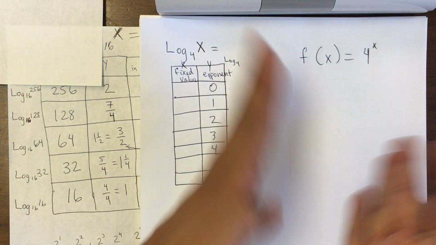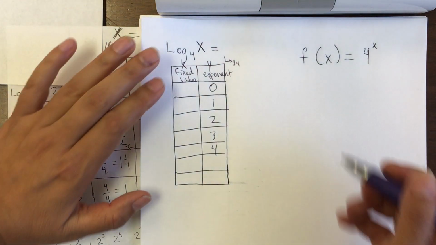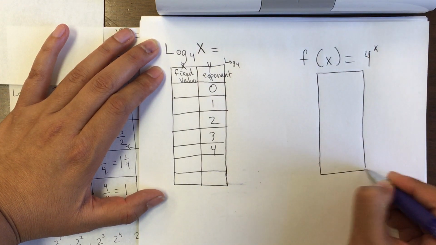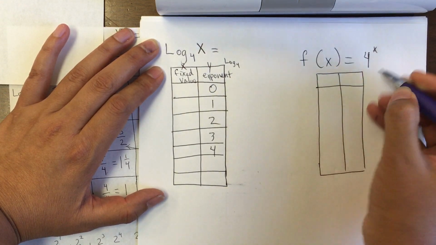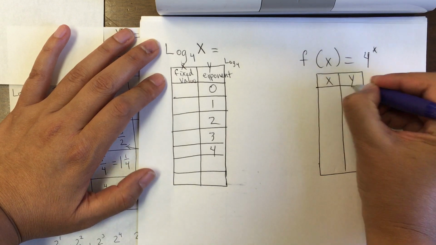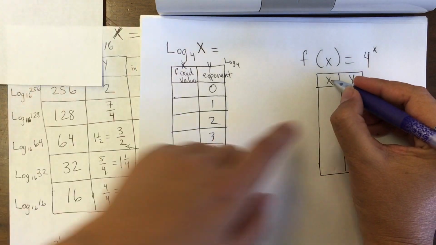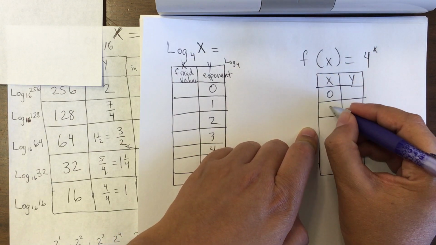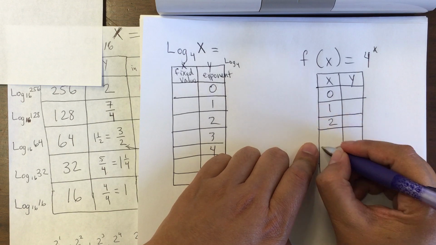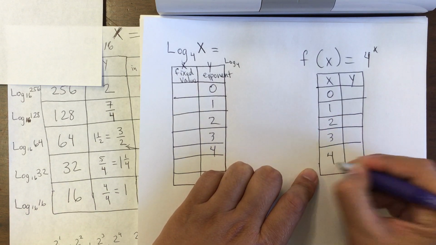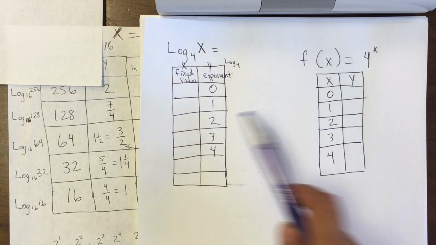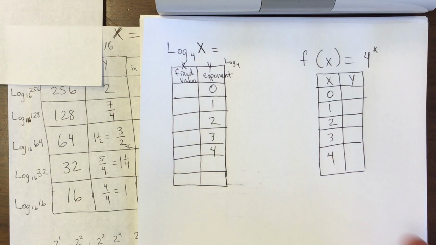Okay, so they're inverses of each other basically. And so this is x and this is y. So basically in here it is the opposite. My x is the power. So power of 0, power of 1, power of 2, power of 3, and power of 4. I'm just going to go up to 4. So these are going to be exactly the same, but basically they switch the values for x and y.